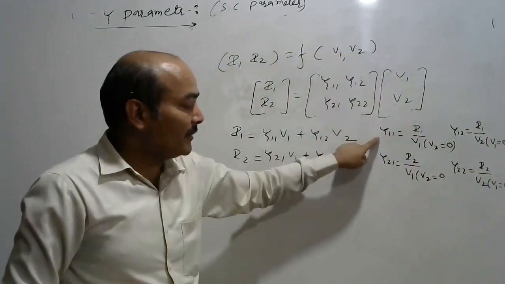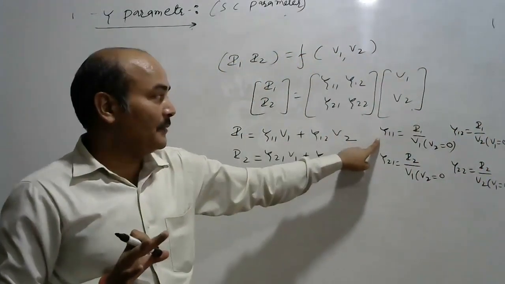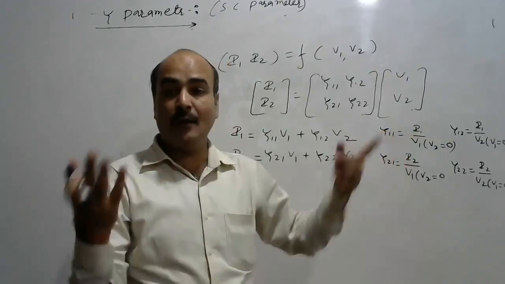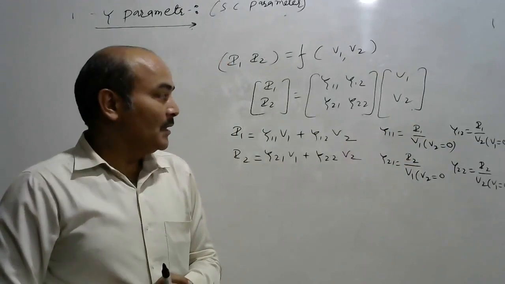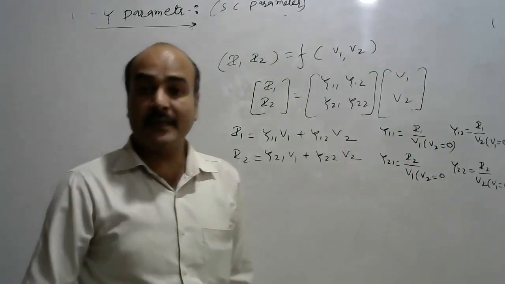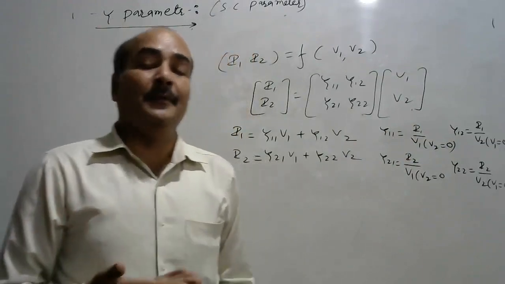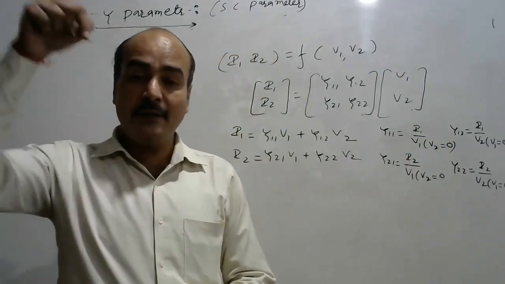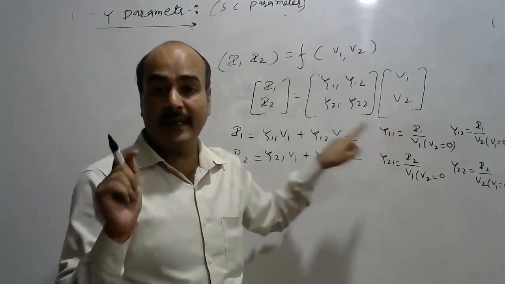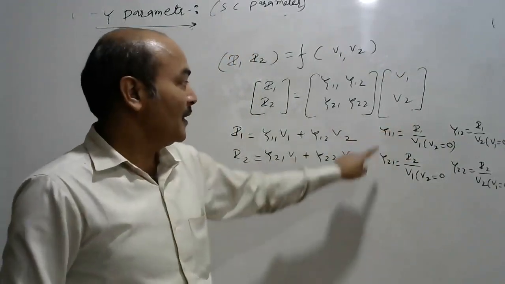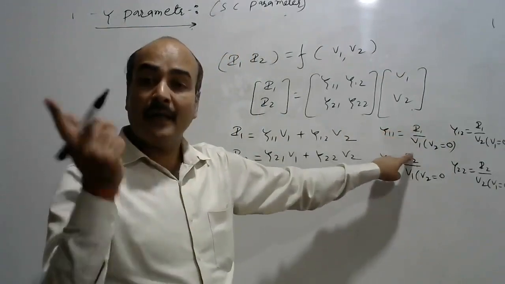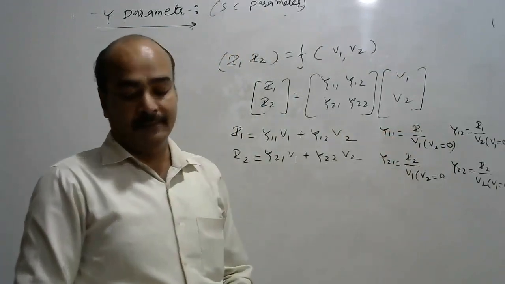So how can we define y11? Y11 is the ratio of input current to input voltage with the output port short circuit. This term is known as input admittance, because I1 is the current and V1 is the voltage, and the current to voltage ratio is defined as admittance, because both quantities are related to the input port. So this term is known as input admittance with output port short circuit.